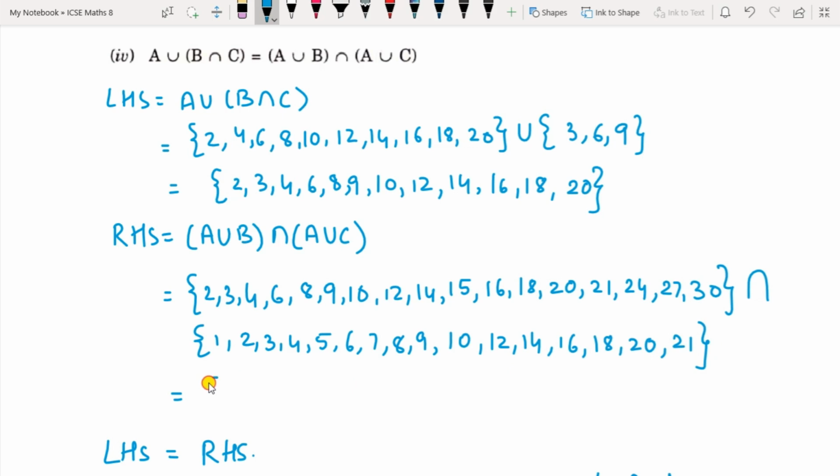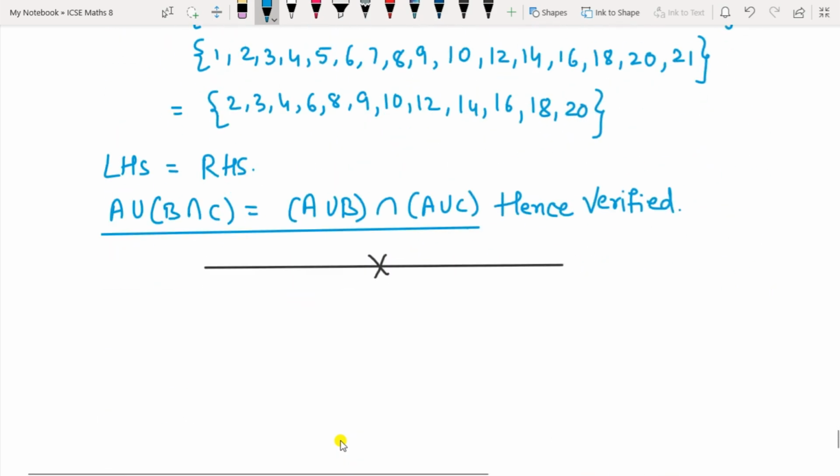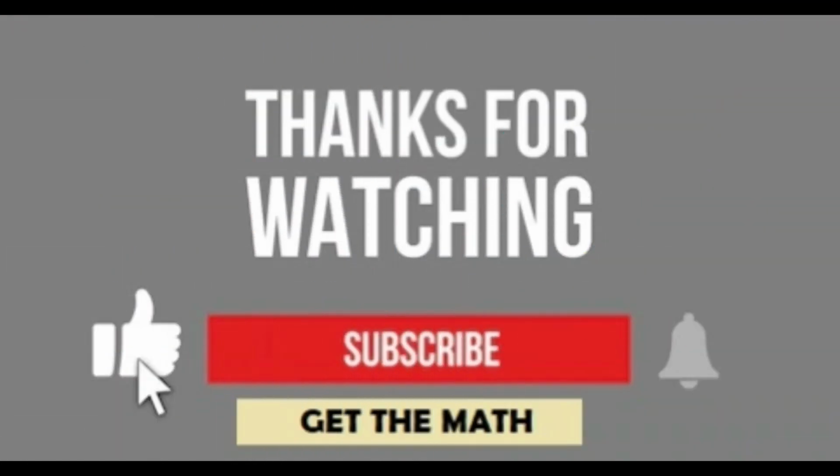So their intersection is 2, 3, 4, 6, 8, 9, 10, 12, 14, 16, 18, 20. So you can see 2, 3, 4, 6, 8, then 10, 12, 14, then 16, 18, 20. So these are common in both the sets. Okay, so that is LHS equal to RHS. Therefore verified.